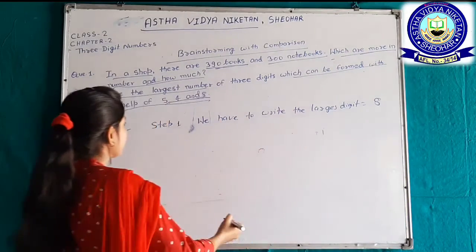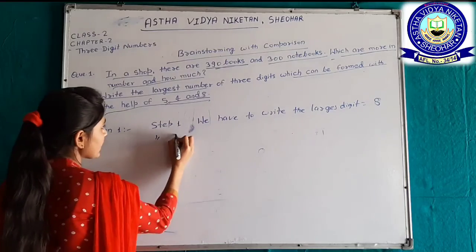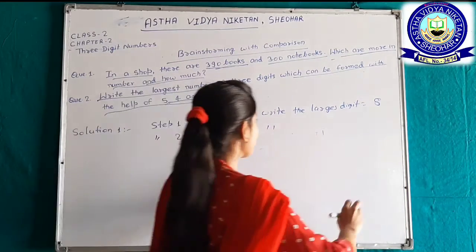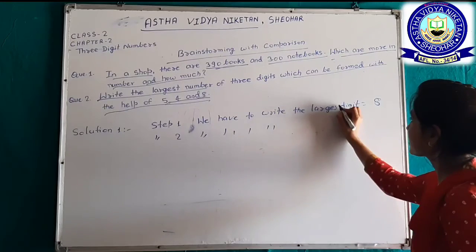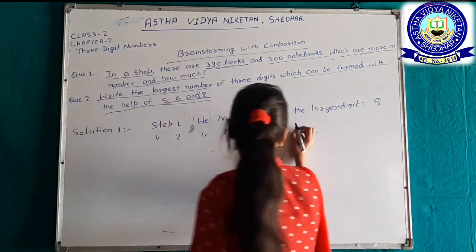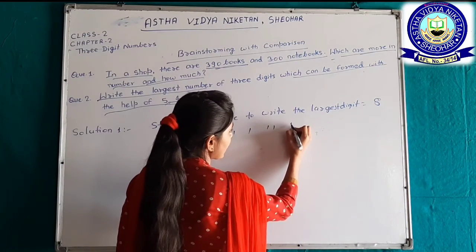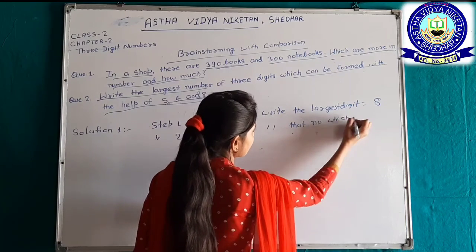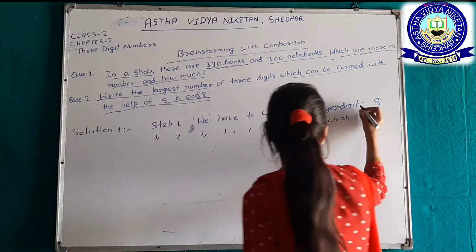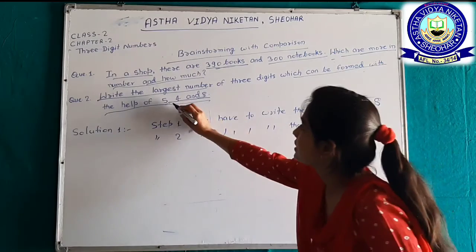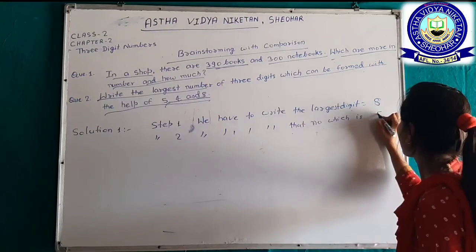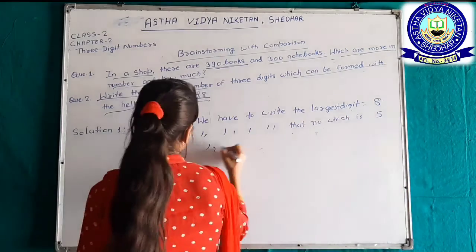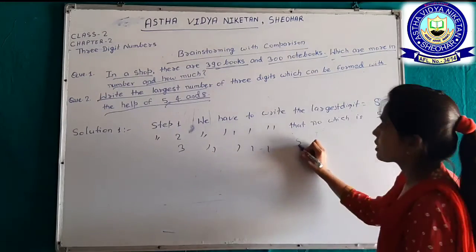Here is 8. And step 2, we have to write the number which is smaller than this largest digit, that is 5. 5 is smaller than 8, and last we have to write the smallest number of this series.